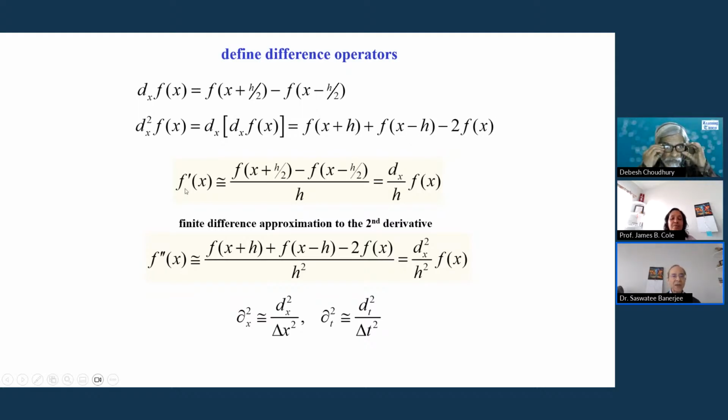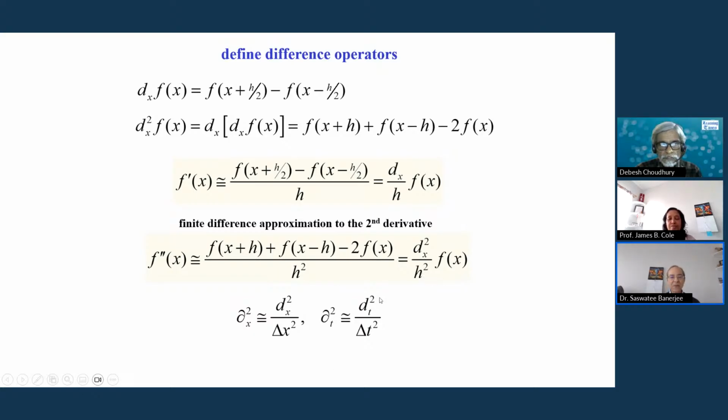Okay, so we can say that the first derivative is this d sub x divided by h acting on f of x, this operator. The second derivative is this second order difference operator divided by h squared acting on f of x.